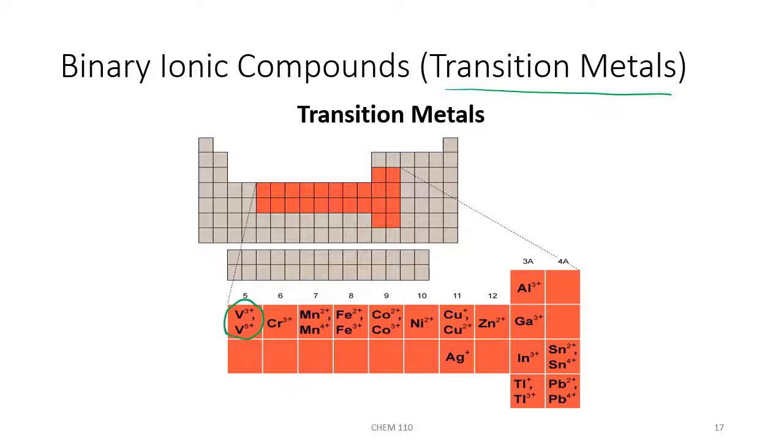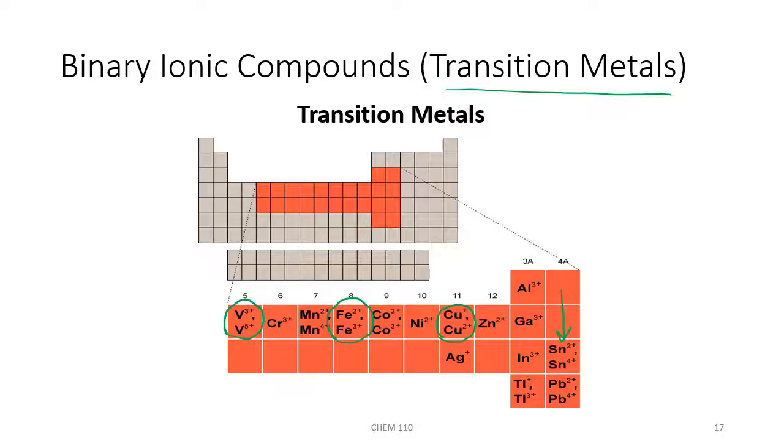Many of them form multiple ions, such as iron forms a +2 charge and a +3 charge. Copper forms a +1 charge and a +2 charge. There are also a few that are in group 4A which fall outside of our transition metal block, such as tin, Sn, and lead, Pb. They happen to also form multiple ions, so we treat them like transition metals.